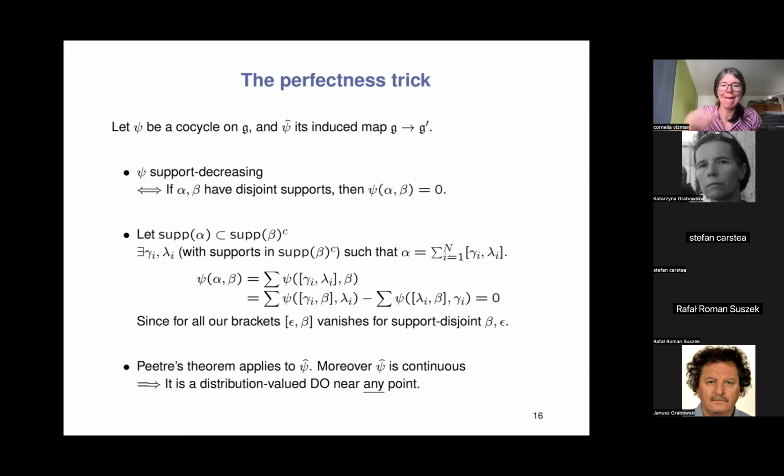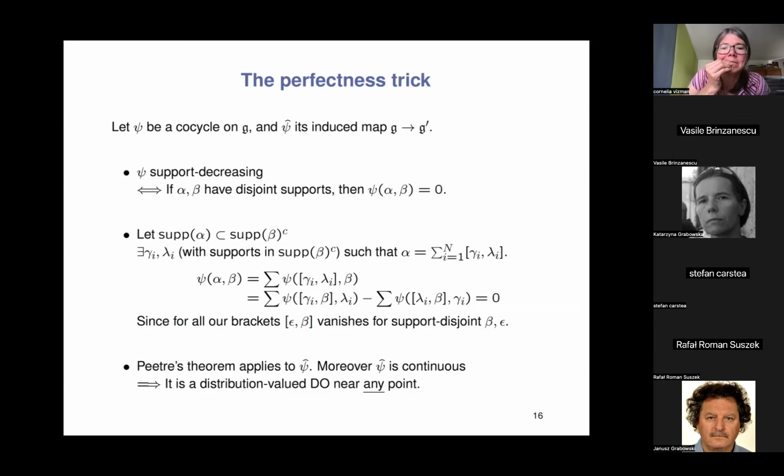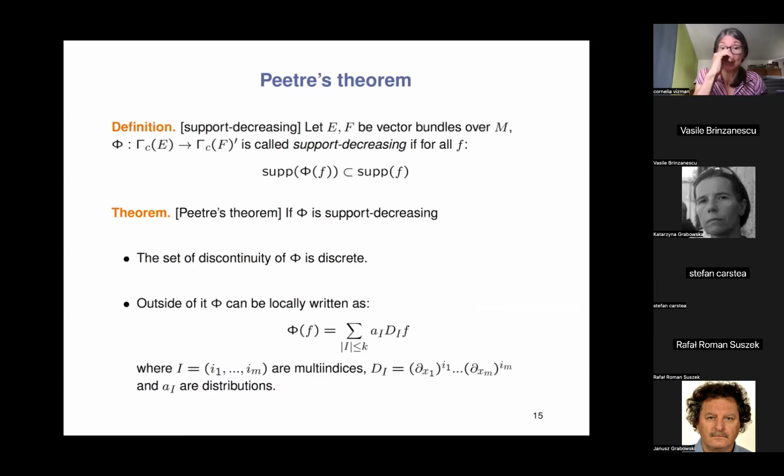Excuse me, I have a question. In the other slide, you have this function, big phi. You have such a map only between sections without having any map between the vector bundles. There's nothing induced. In our case, yes.